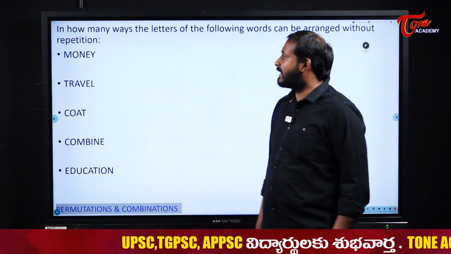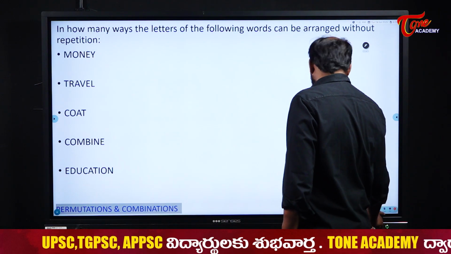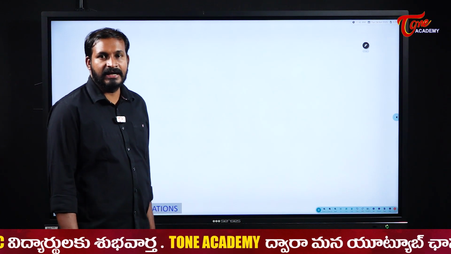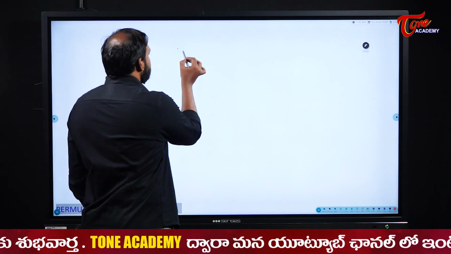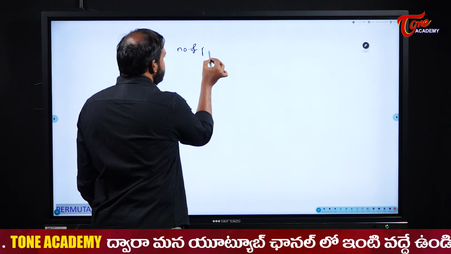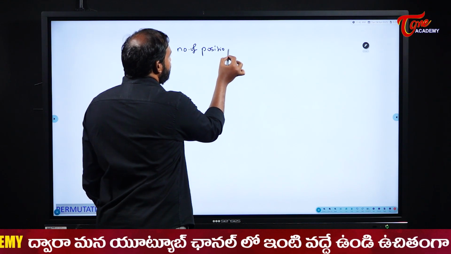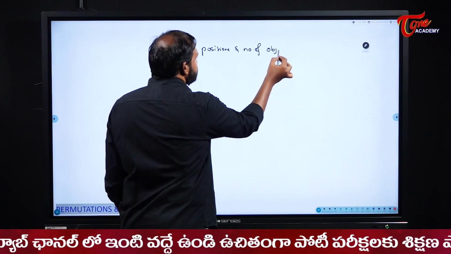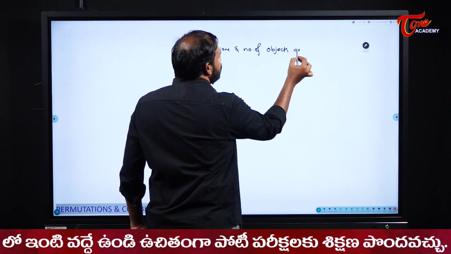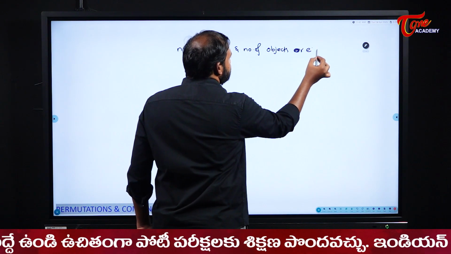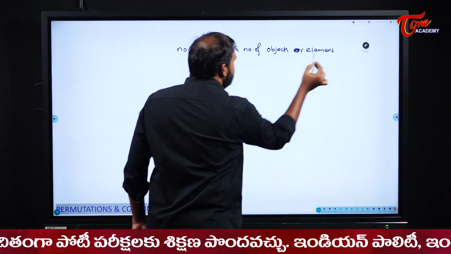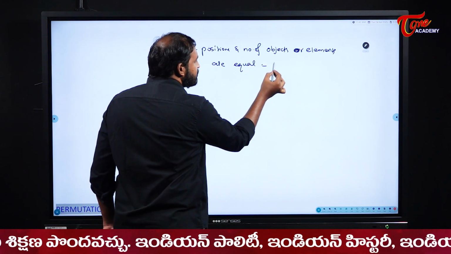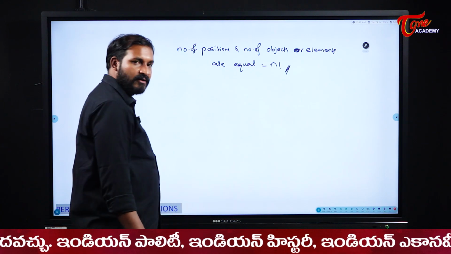In how many ways the letters? Now we will see. As I have already told you, when the number of positions and the number of objects or elements are equal, there we will directly write it as n factorial, which we have discussed earlier.